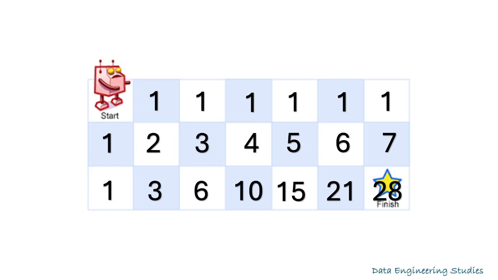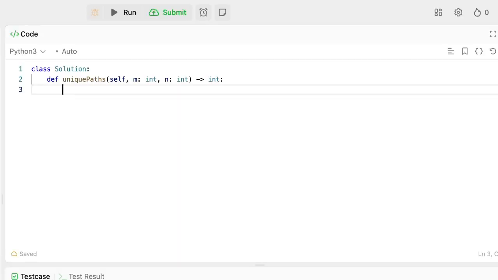Now let's get into the implementation. First, we will declare the grid and assign zeros in all the cells of the grid. Grid equals 0 for i in range of n, for j in range of m.